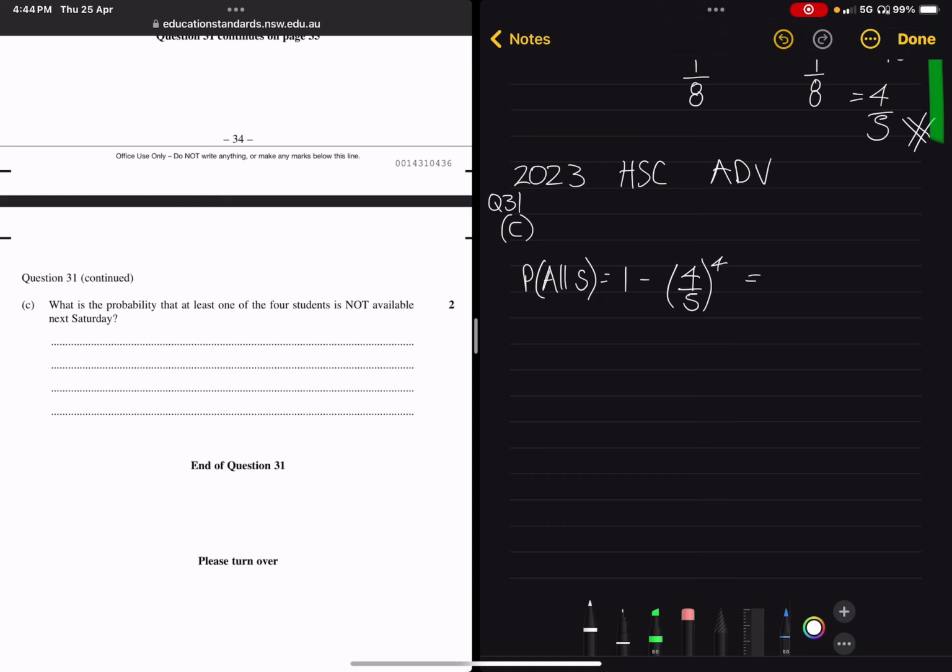So this will end up being 1 minus 256 divided by 625. If we simplify this down, this will be 369 over 625, and this is about 0.59, approximately, if we were rounding to 2 decimal places.